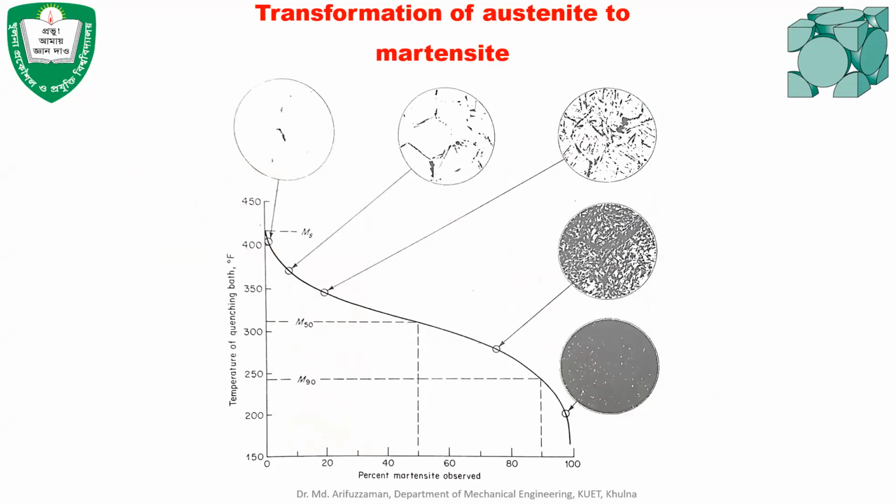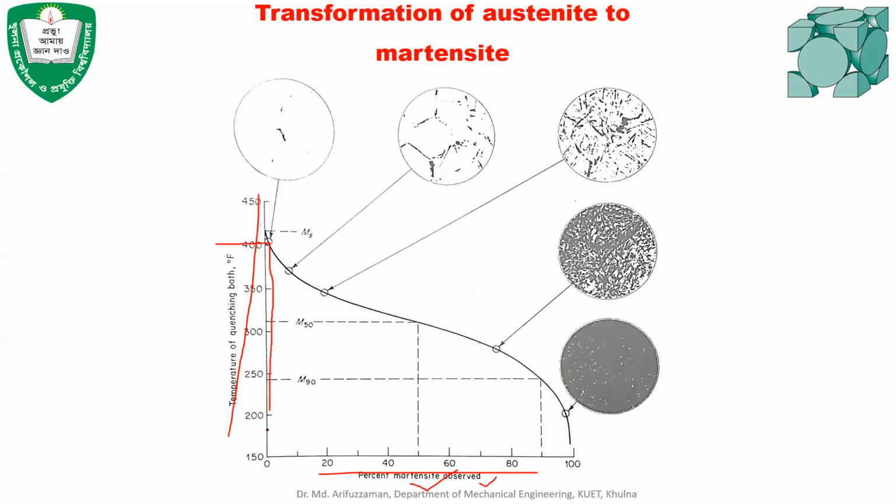And for the martensite transformation, as I said in the last slide, the ordinate indicates the quenching bath temperature, and the x-axis indicates the percentage martensite observed. If you quench it at 400 degrees Fahrenheit, then we'll get only a very small amount of martensite.